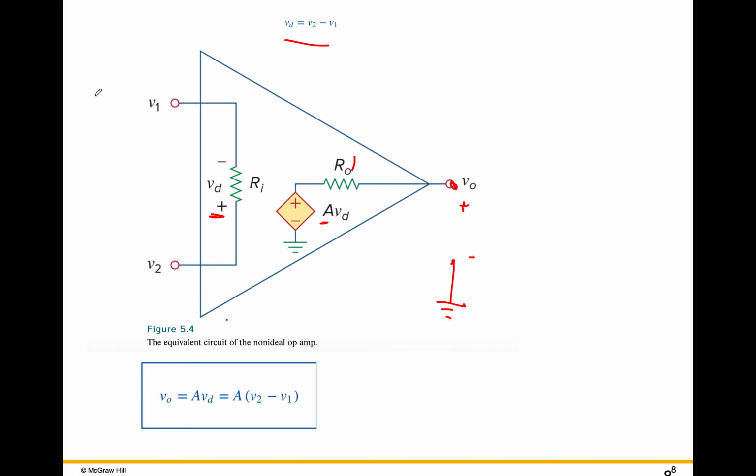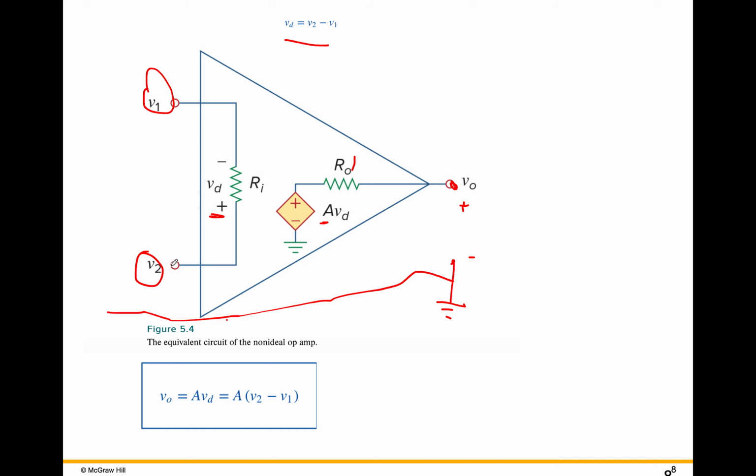And by the way, this V1 is also the voltage between this point and ground, and this V2 is the voltage between this point and ground. So a lot of times when we're depicting an op amp schematically, like in a class, we'll show a common ground line that sort of defines for all of these where the reference is. So I want you to keep this figure in mind.